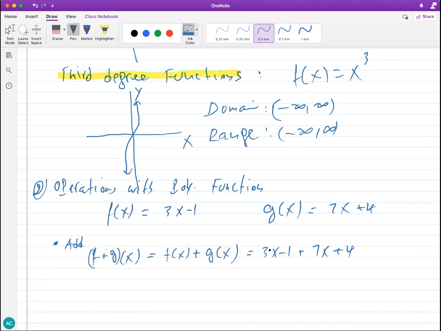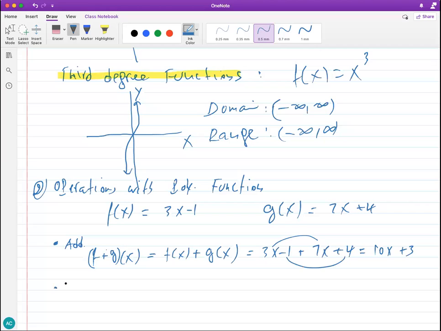Is that a 7 or 2? 7. Okay, so just add the 2. So you get 10x plus 3. Okay, so that's what the notation is for. It just means add. It could be a subtraction here. It could be any other operation. Basically, take your 2 polynomials, 2 expressions, and do that operation with them.